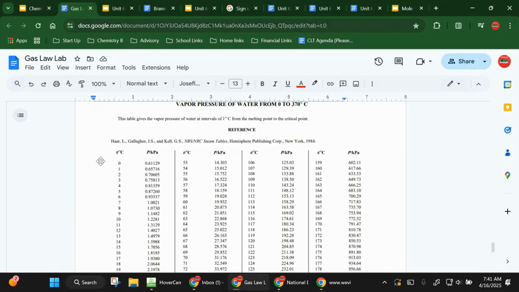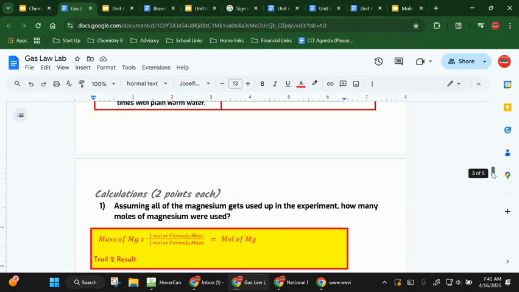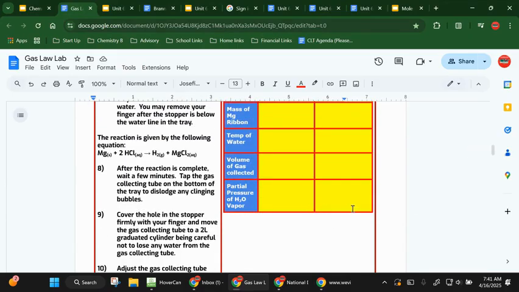Now it's small, but we got a value, 2.1978. That value, ladies and gentlemen, is the number that you wrote down in the bottom of your table here. No. This number right here, you should have gotten off of the table on the last page based on the temperature of your water. Questions?